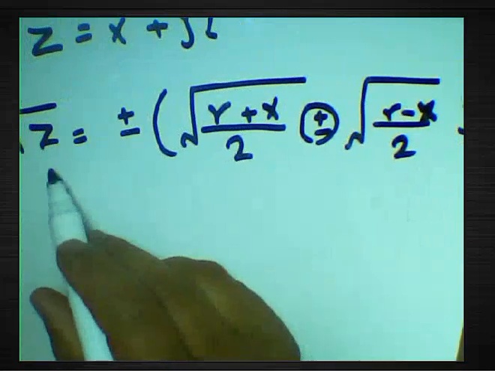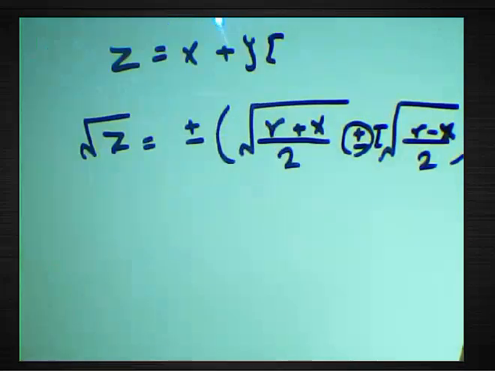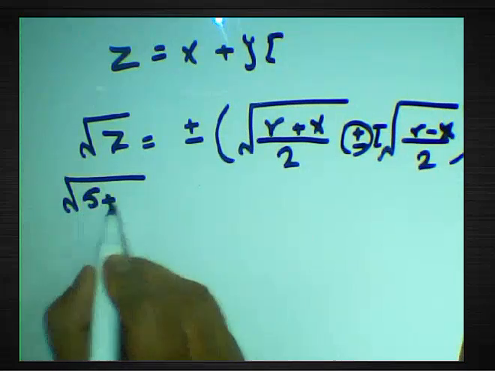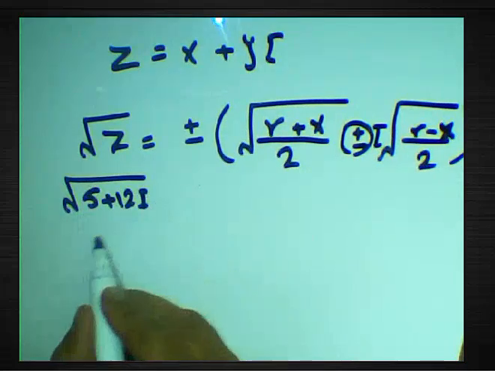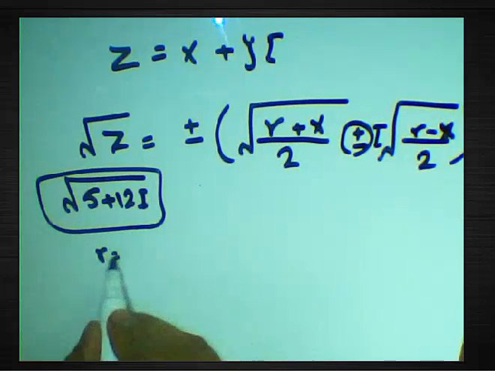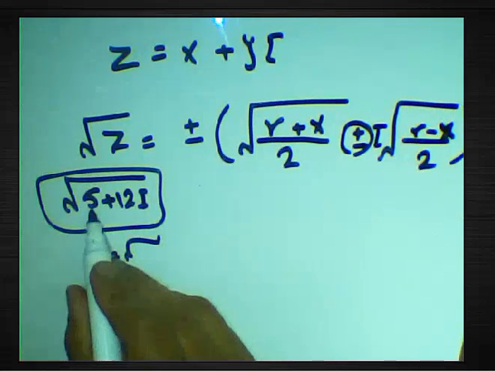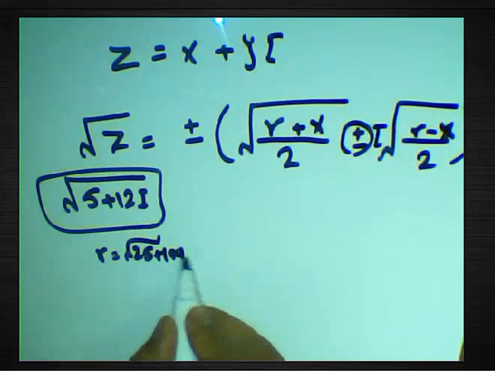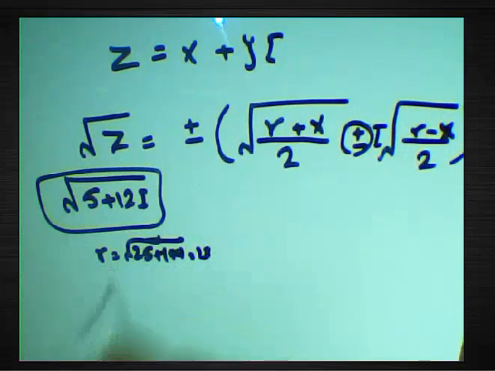Again, if you want to find the square root of z, look at this example. You want to find the square root of 5 plus 12i. First, we must find r. Square root of 5 power 2, 25, plus 12 power 2 equal 144, equal 13. It's r.